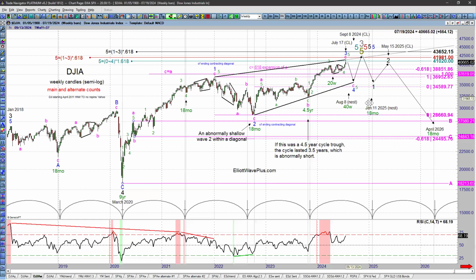So I will use the cycle tools as best I can to come up with where these turns are going to happen. But guess what? Nobody's perfect. However, I still am on this ending diagonal idea and have been for 3 years. It's just a matter of, when is this going to complete a 5-wave up structure from this October of 2023 low?